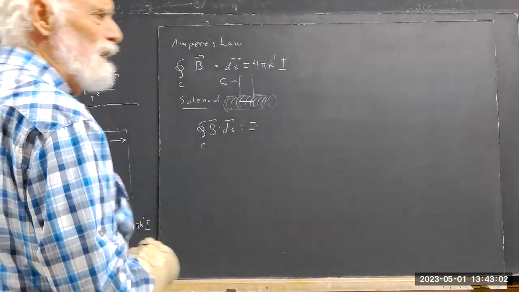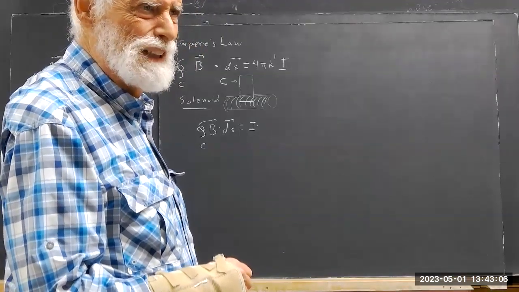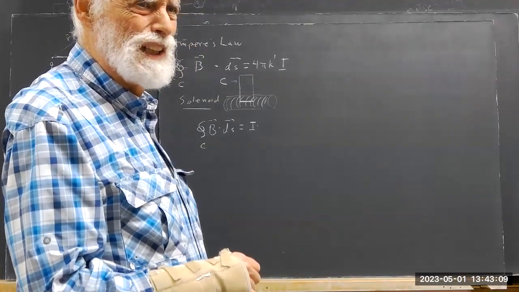They use an n for the number of loops per unit length, when n seems to connote the actual number.